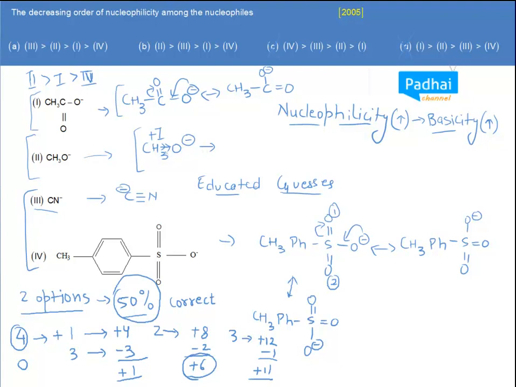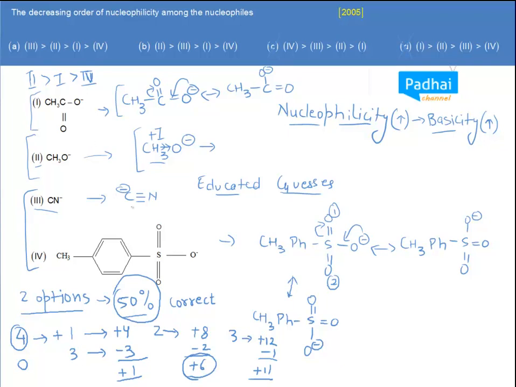But over here we have the plus I effect of the CH3 group. Although at first instance you would say that the second should be less nucleophilic because oxygen is more electronegative than carbon, which means on carbon the negative charge is easily available for giving, right?